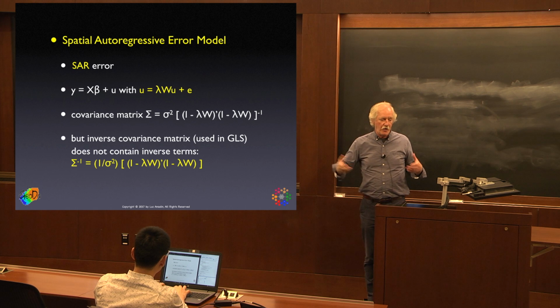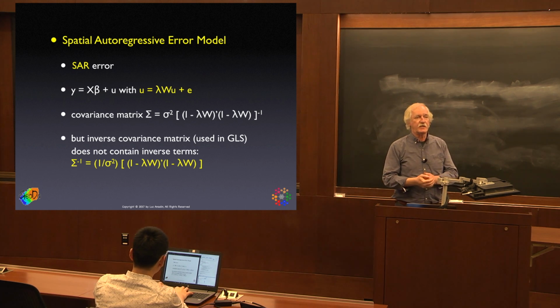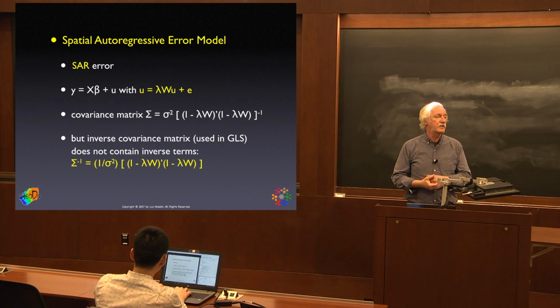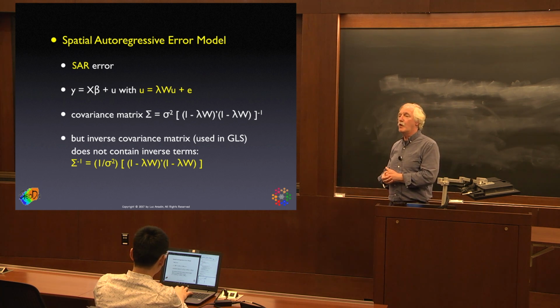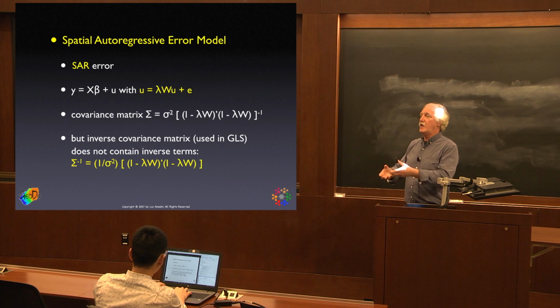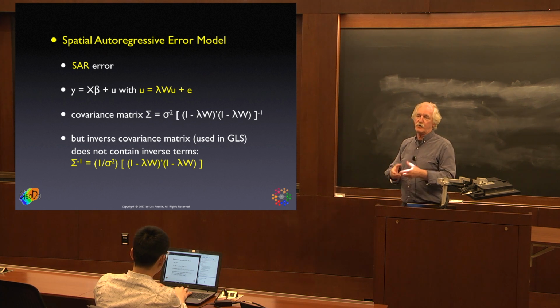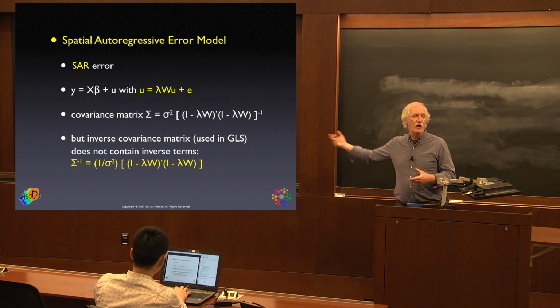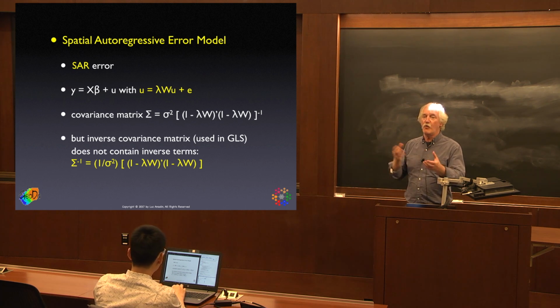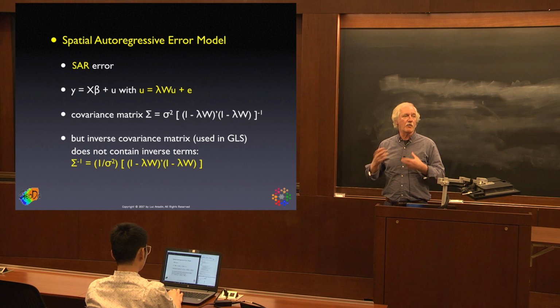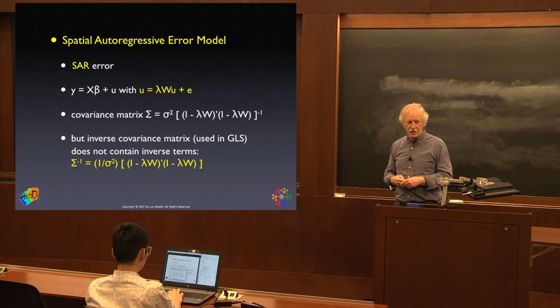So then from a specification testing point of view, this is going to be very difficult to tell one from the other, because both pure heteroscedasticity and heteroscedasticity as a result of a SAR process are heteroscedasticity. So how do you know one from the other? It's another form of this inverse problem that we have.